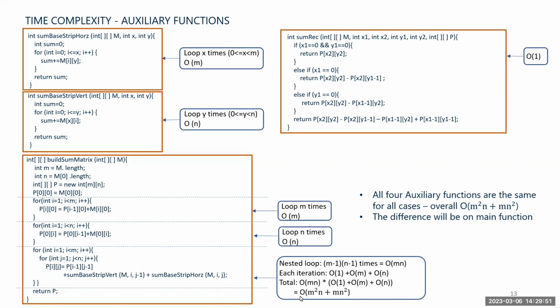Simplified, the overall total is O of M squared N plus M N squared. This sumRec function for just a regular rectangle just takes one value from the matrix P, so it is O of 1.